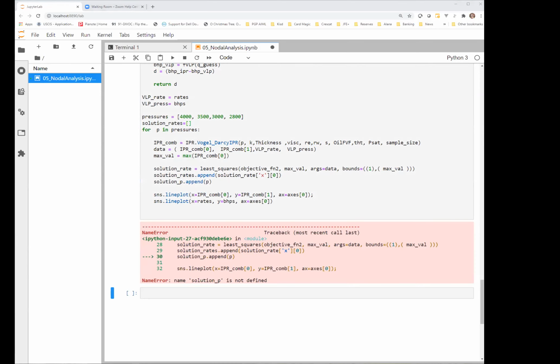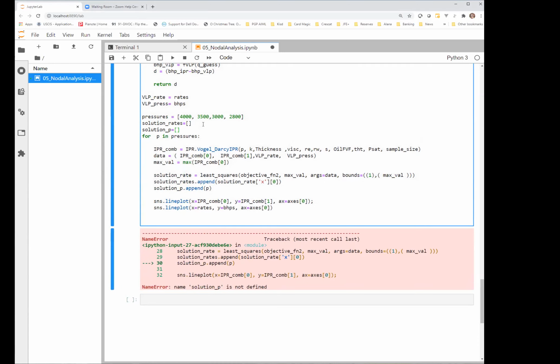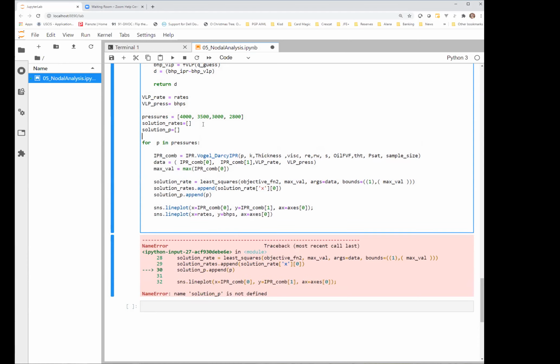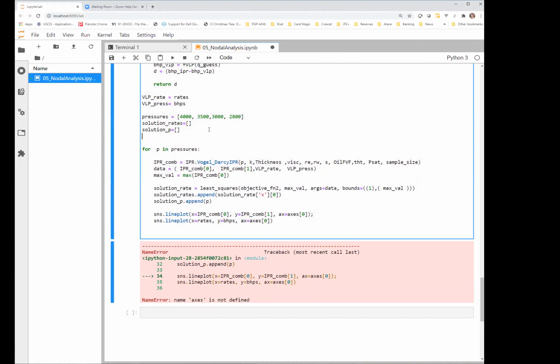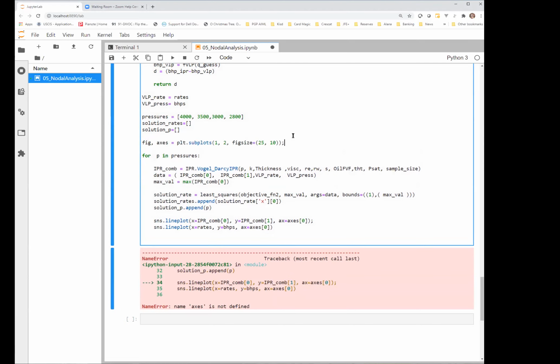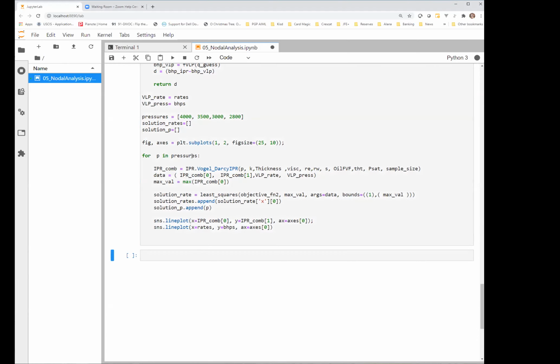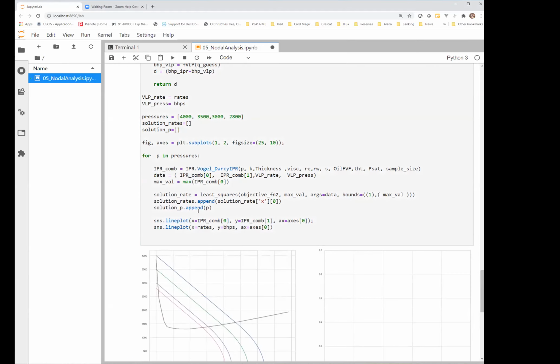Of course, I need to do the same. I need to have an empty array. Okay. And the axis is not defined, of course. Since I want to plot this in a subplot array type of array, so I need to do this. There we go.